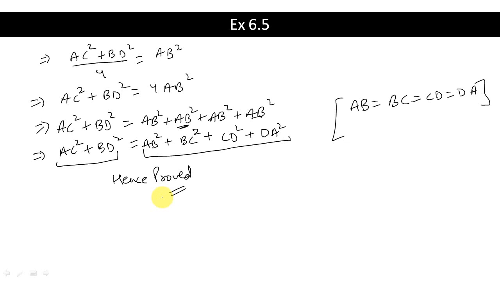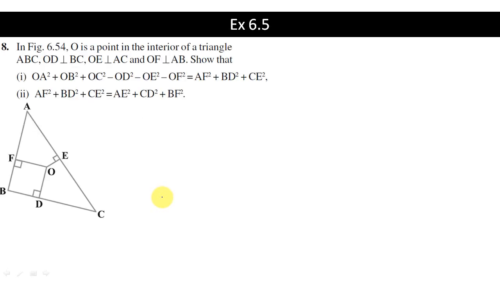Okay. Moving on to the next question. Question number 8. In figure 6.54, O is a point in the interior of triangle ABC.